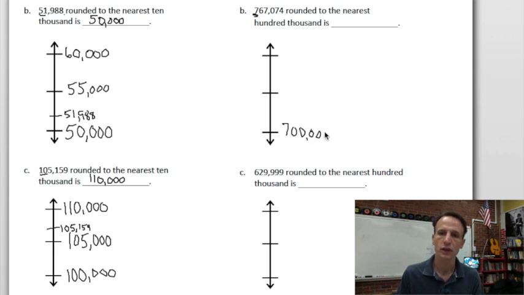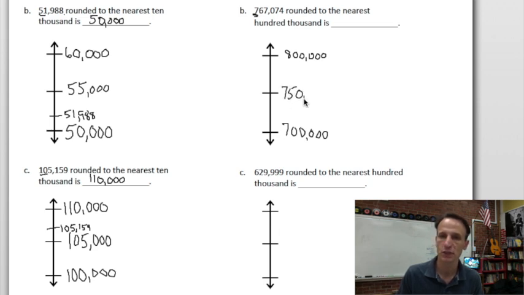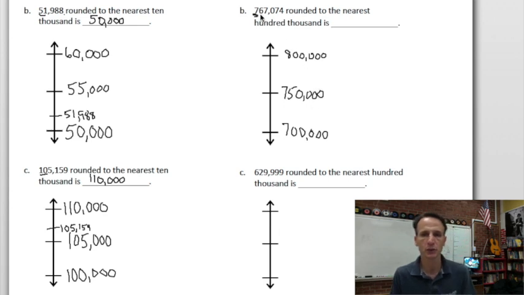And then what's 100,000 more than 700,000? Yes, you know, it's 800,000. And our midpoint, well, what's half of 100,000? Half of 100 is 50, so it's the 50,000 point between. So 750,000 is our midpoint. And then to place this number, we look at 767.